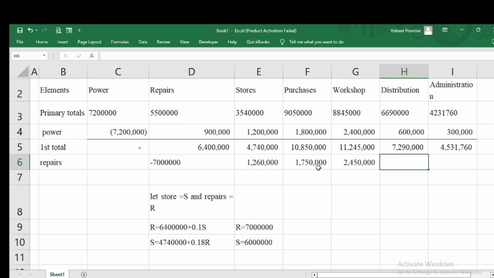Please punch on your calculator to confirm all these values. We have 700,000, and the last thing that we have is 840,000.